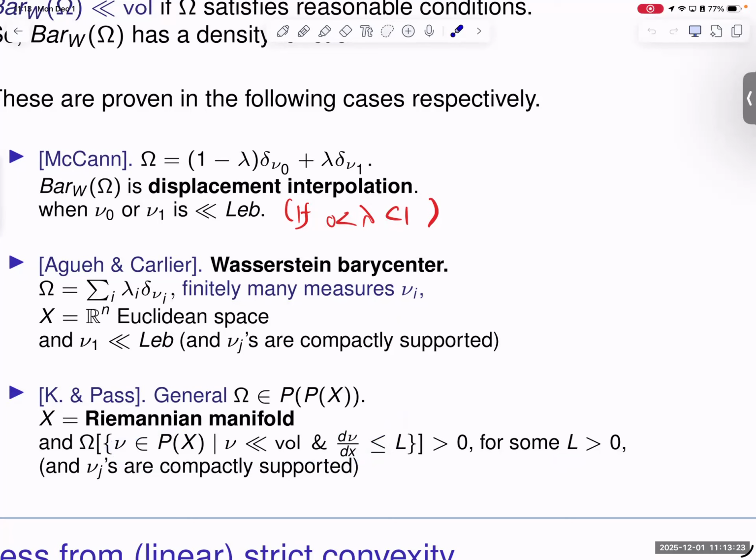And then this distribution omega, whose barycenter we want to consider, has positive measure over this set.